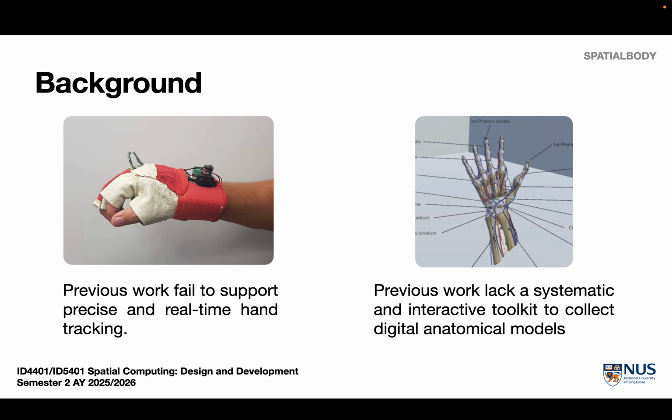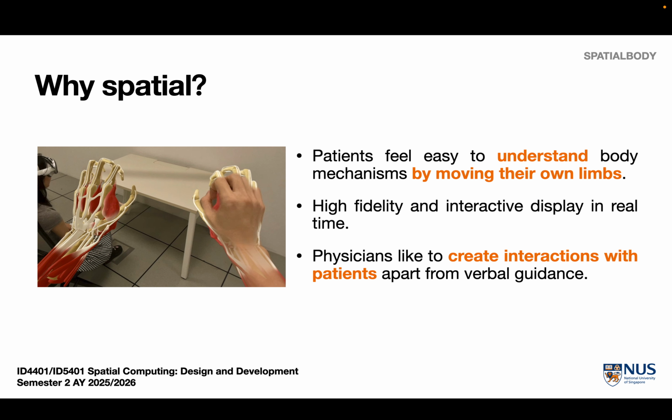And secondly, there is a current lack of a virtual system that hosts rich, interactive, and very detailed anatomical models. And also, signal transmission latency is a persistent issue that can't be solved yet.